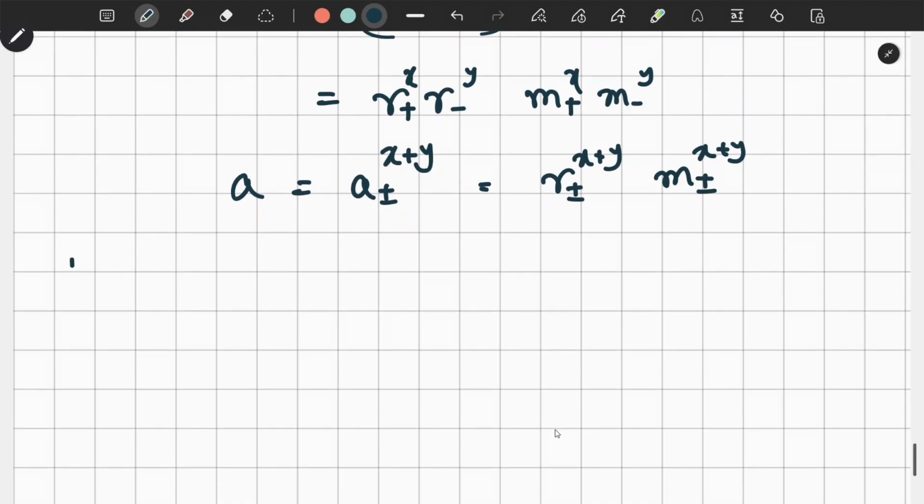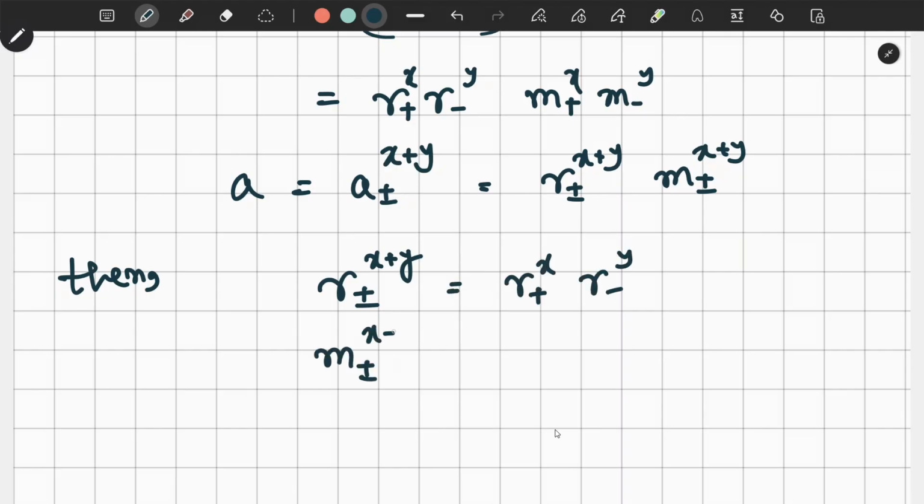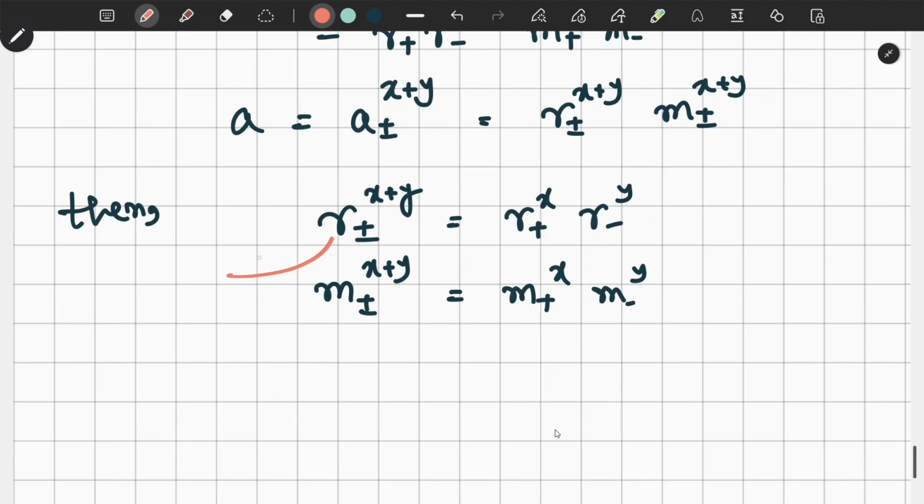If you compare, then similarly, this is called the mean ionic activity coefficient.